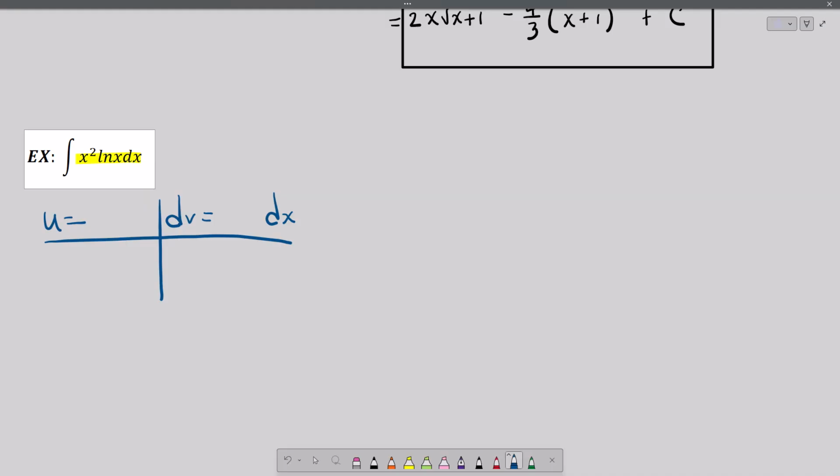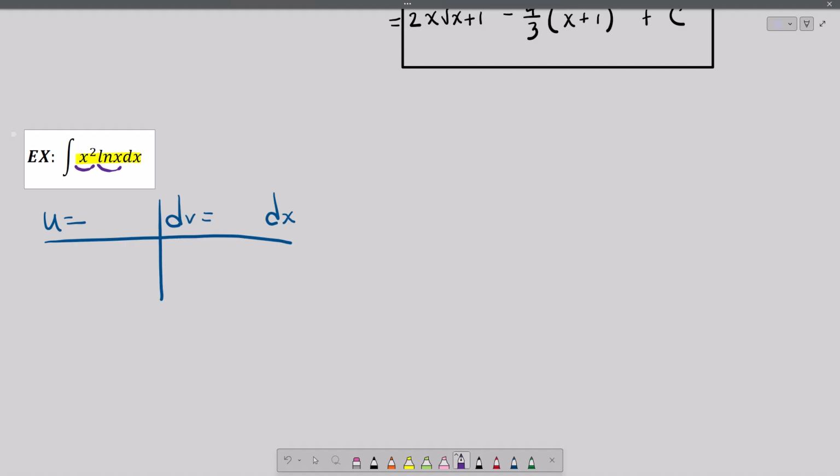And then when we're looking at this, I am seeing two functions, x squared and natural log of x. So one of them is going to go with the u, one of them is going to go with the dv. And what I said on Tuesday, I think that the best guiding principle to start is to pick the most complicated or the biggest piece of the integrand that's easily integrable to put here.